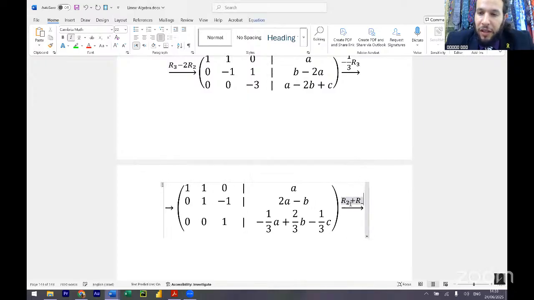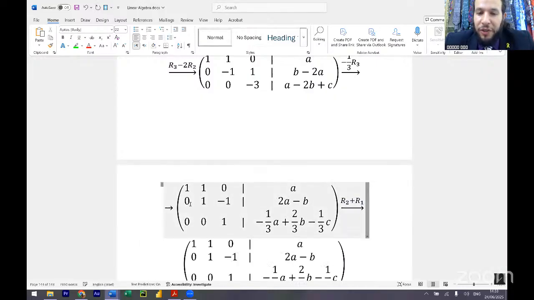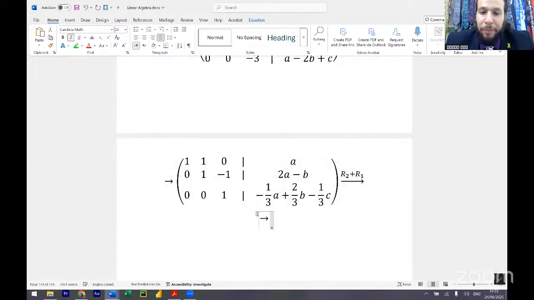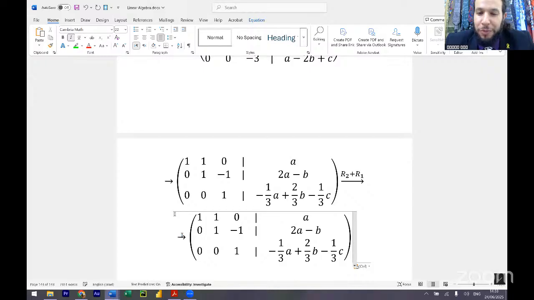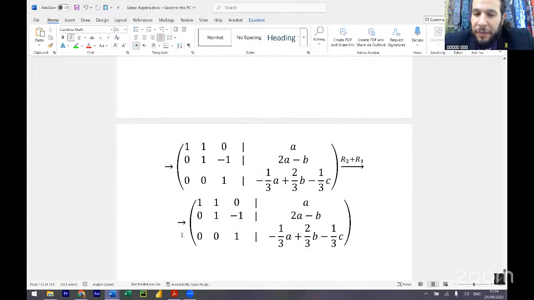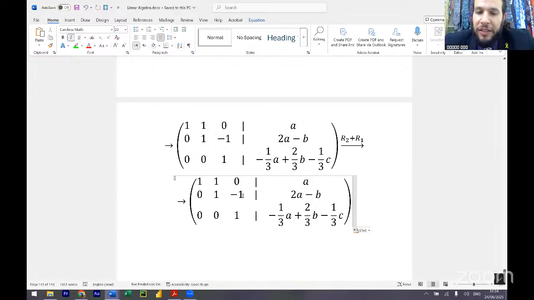R2 plus R1, which gives us, and you see while I'm solving the problem, why is it important to be able to perform Gauss elimination and not get stuck with it, because it looks long and confusing, but it's just a technical algorithm, basically, but one that needs to be done.